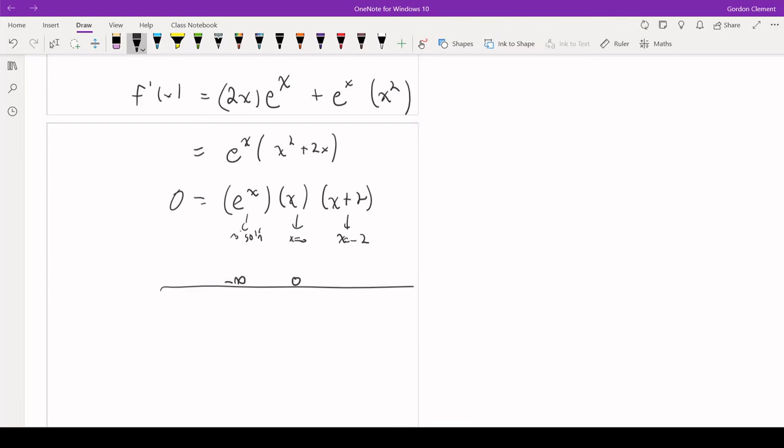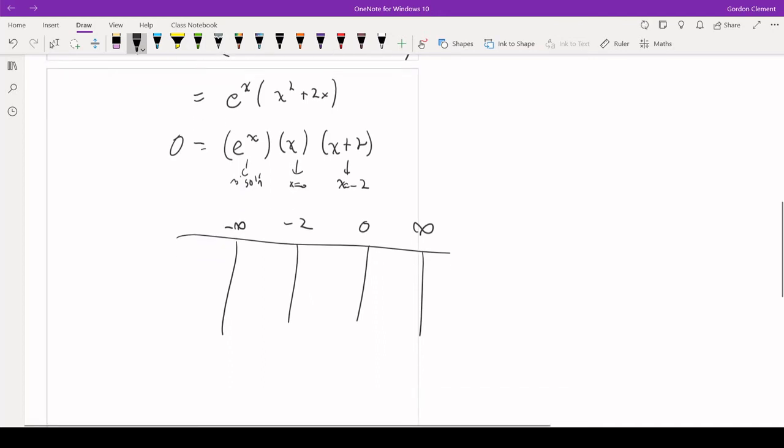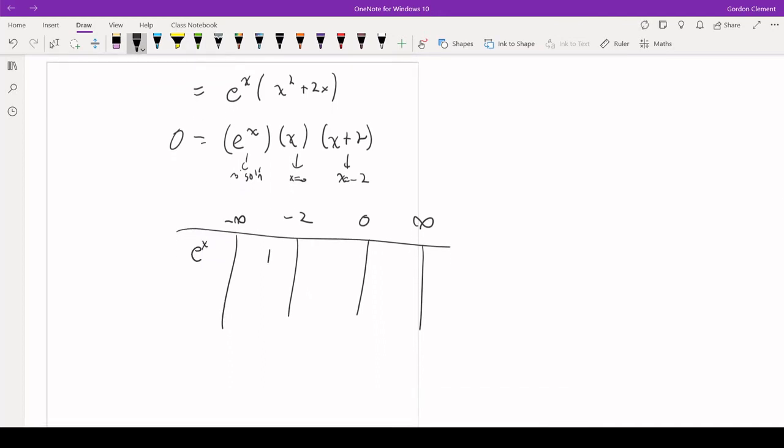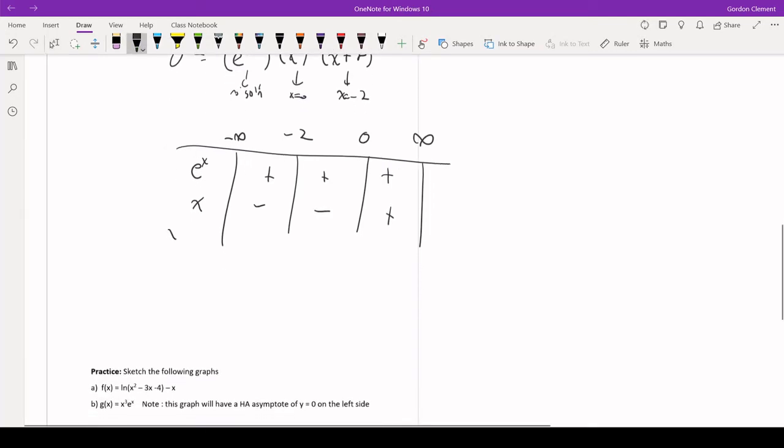So we get minus infinity, let's do this in the right order: negative 2, 0, infinity. And for factors, we have e to the x, which is always positive; x, which is negative and then positive; and x plus 2, which is negative and switches at negative 2.